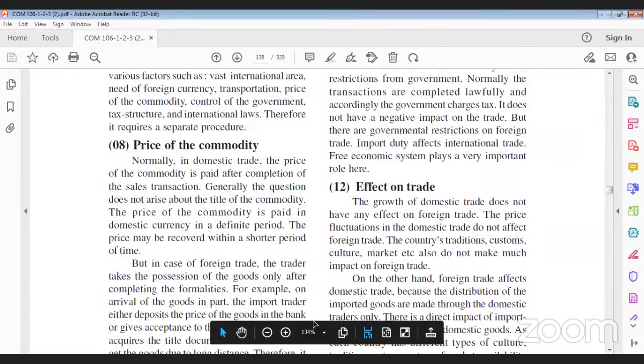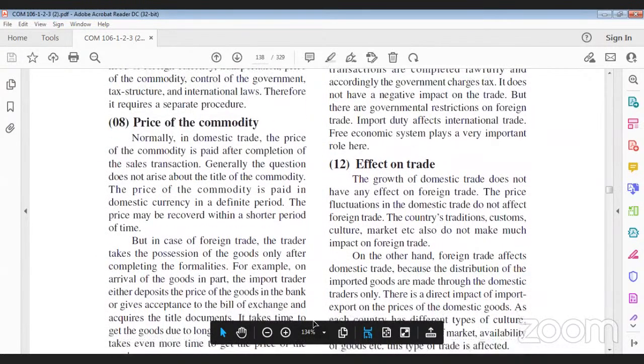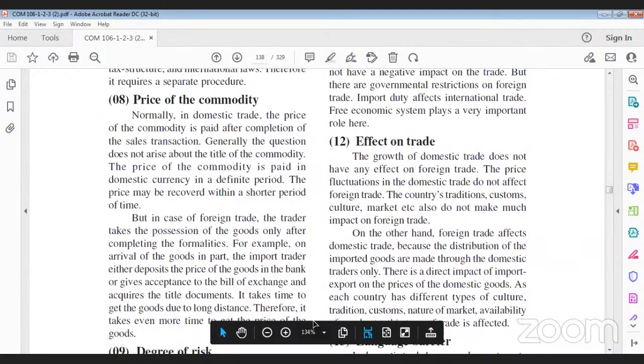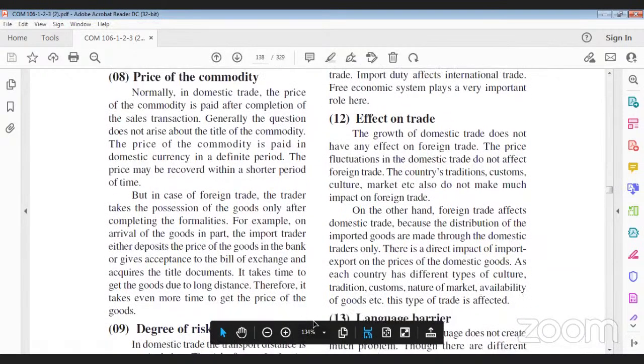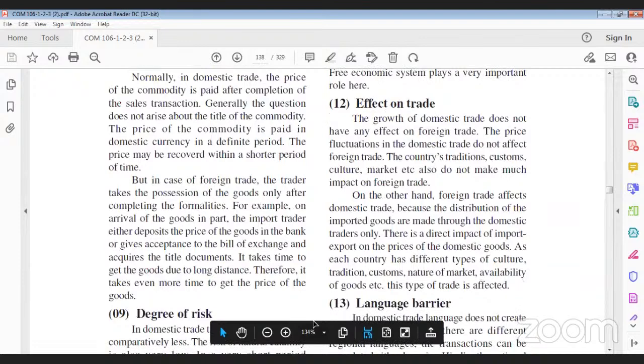On the other hand, in foreign trade, the trader takes possession of the goods only after completing the formalities. For example, on the arrival of the goods at the port, the import trader either deposits the price of the goods in the bank, or gives acceptance to a bill of exchange, or acquires the title documents.